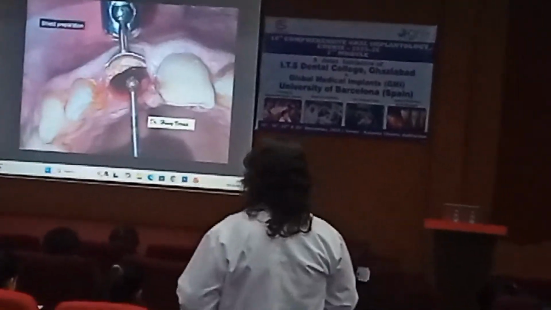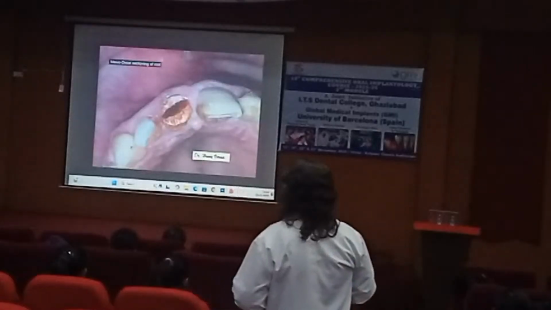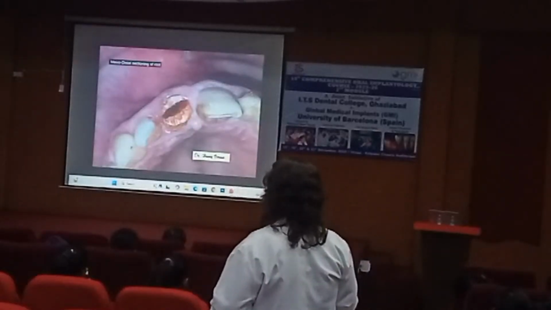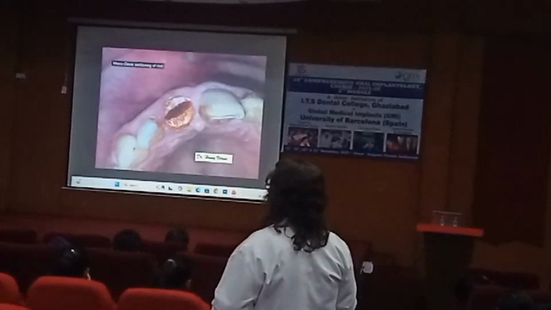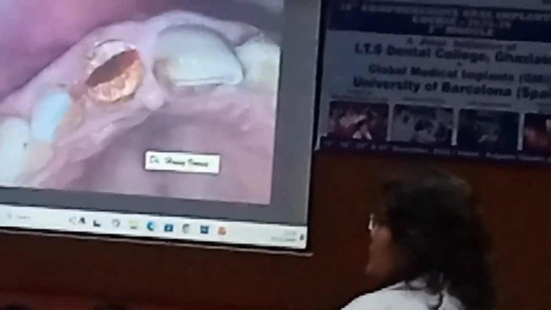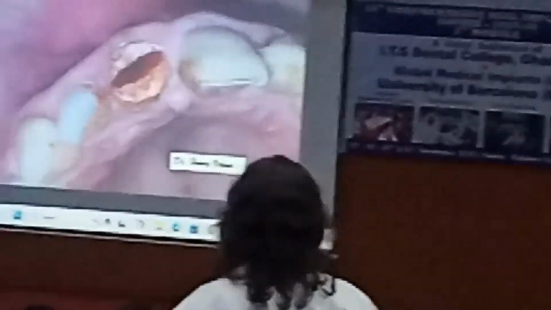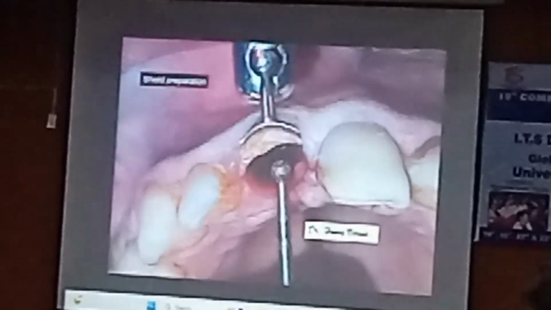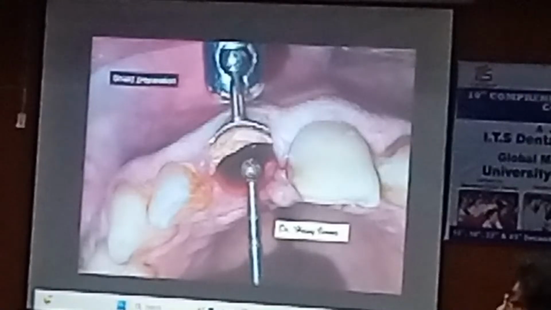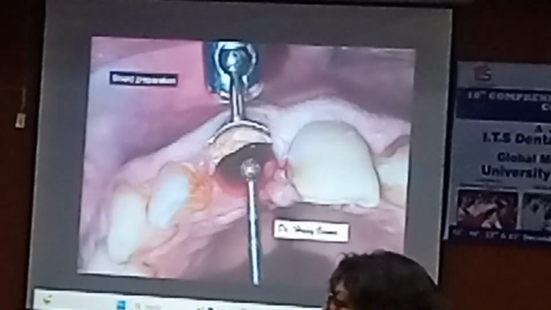And I put my luxator and remove this palatal part of the root. And do you see this instrument? This is called a shield protector or a shield preparer.